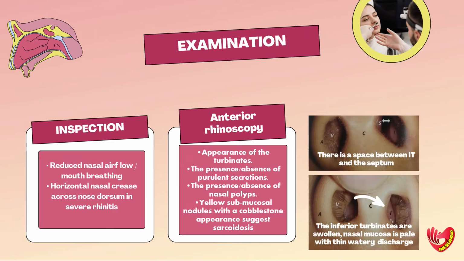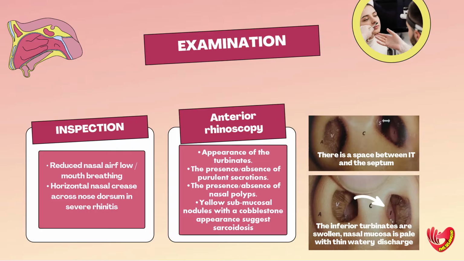Examinations are as follows. During the inspection, observe for reduced nasal airflow or mouth breathing, which are common signs of allergic rhinitis. Additionally, check for a horizontal nasal crease across the nose dorsum, often associated with severe cases. Anterior rhinoscopy should be performed to examine the appearance of the nasal turbinates.